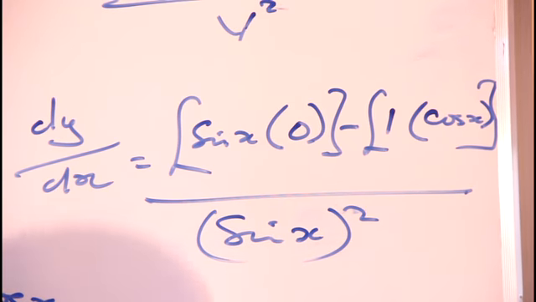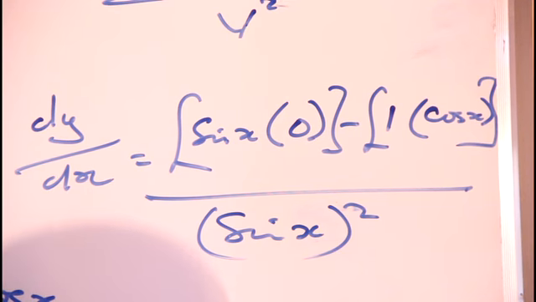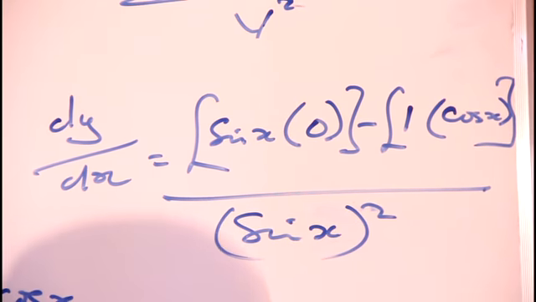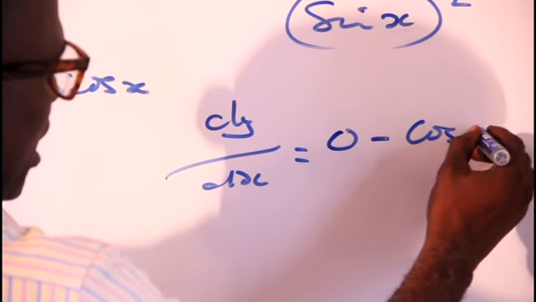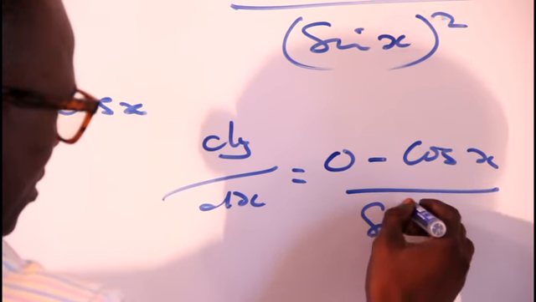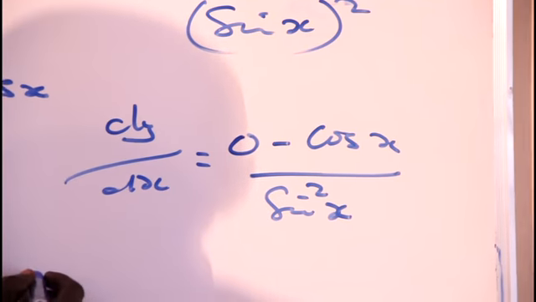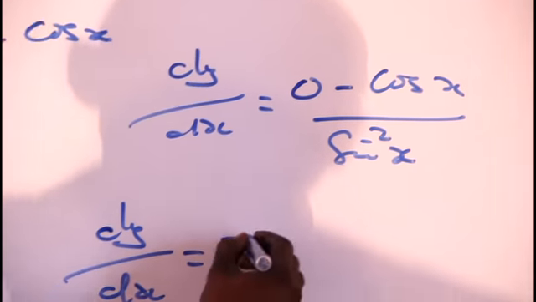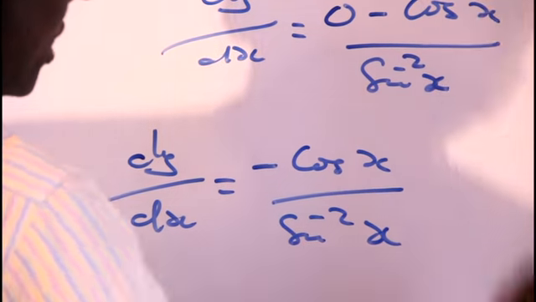We can simplify it further: dy over dx will be equal to, now this 0 multiplied by sine x will annihilate the whole term, so we end up having 0 minus cos x all over sine x squared. That means dy over dx is equal to minus cos x over sine x squared.